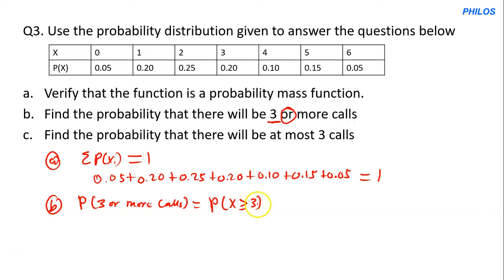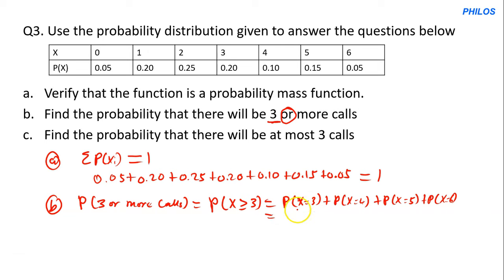So greater than or equal to 3. So which means the probability that x is exactly 3, or x will be exactly 4, or x will be exactly 5, or x will be exactly 6.